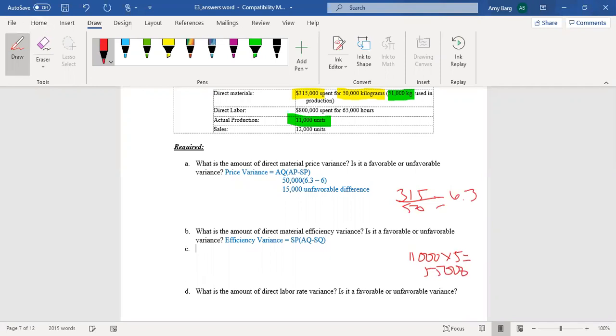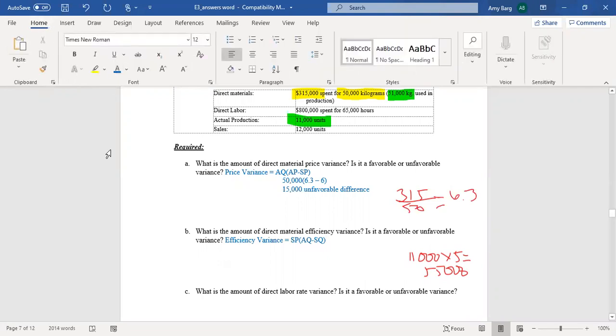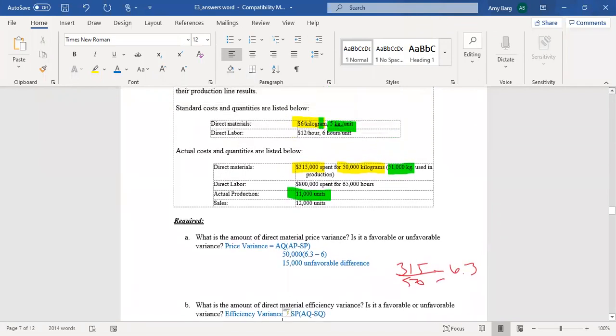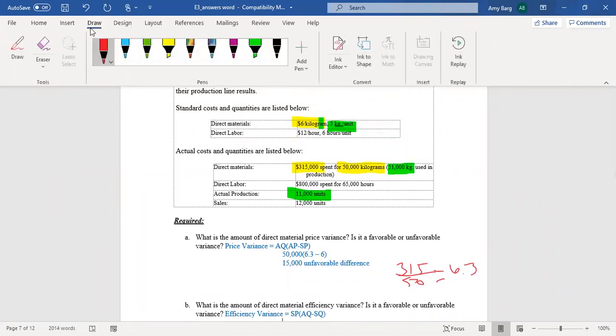So we can put all of that into our equation. Where are you getting the 5 to multiply by the actual production? Right up here, this 5 right here. So when you do the 11,000 units times the 5, what are you finding out?